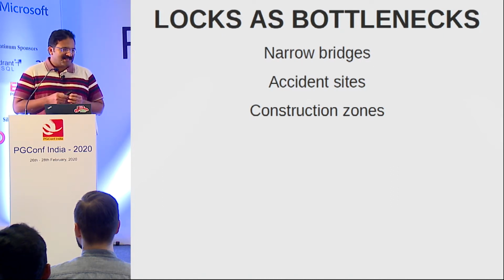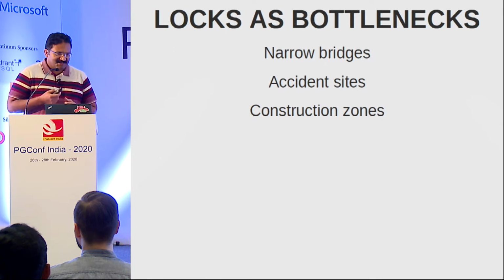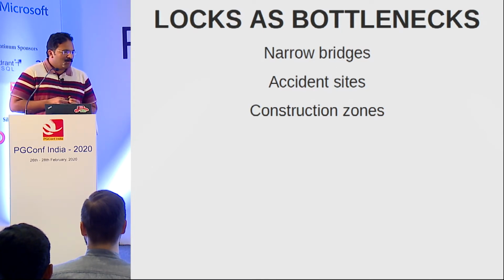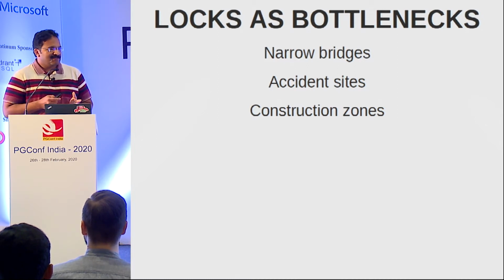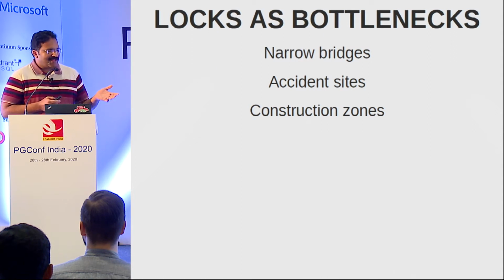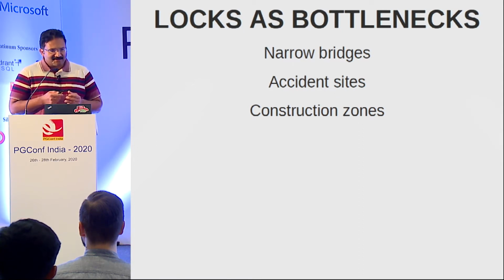If it's a very long landslide, there will be people with a flag at either end who are signaling to each other, these days calling each other on the phone. And traffic gets synchronized in such a way that one car passes in one direction, or a stream of cars, and then they stop and then let cars through from the other side. Same thing with bridges that have limited capacity, or accident sites, construction zones, and so on.